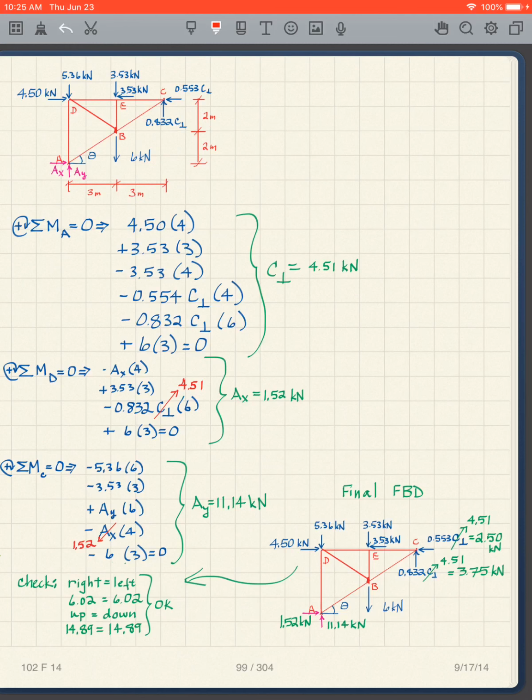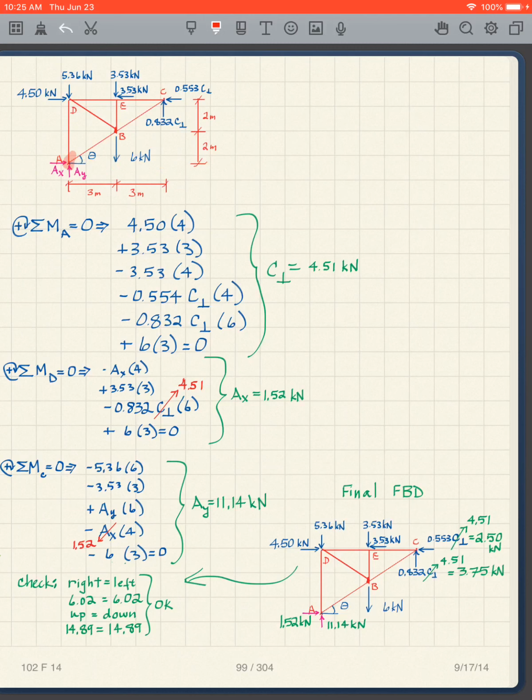If I want to get AX, I don't want to take moments about any point through which the line of action of AX acts. So you don't take any moments about any point like that to get AX.